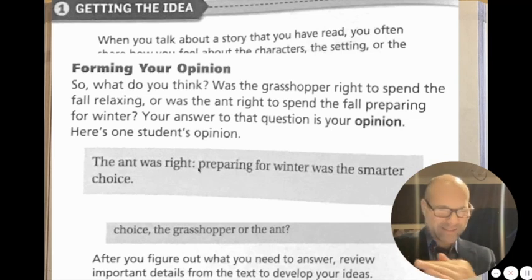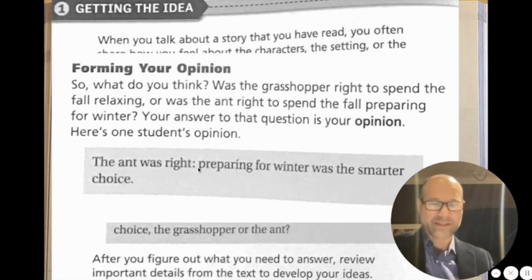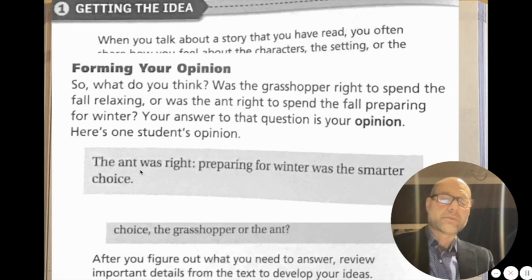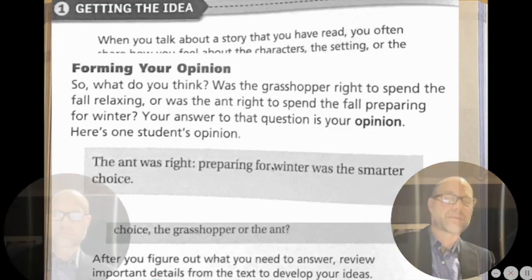Just make it a sentence, okay? A statement that your answer should be, the ant was right because preparing for winter was the smarter choice. Or the ant was right to prepare for winter. It was the smarter choice, or something like that. Or the ant made the smarter choice by preparing for winter.